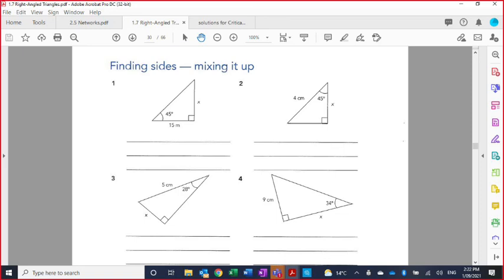So for the assignment, I want you to do page 30 through 31, and I'd really like you to do all of them so that you can get used to the solving.